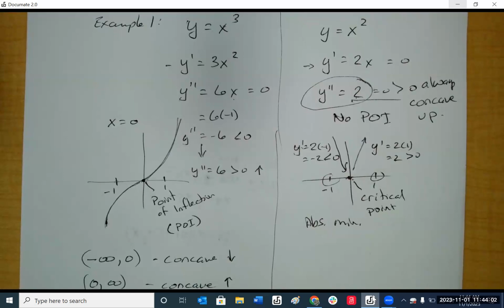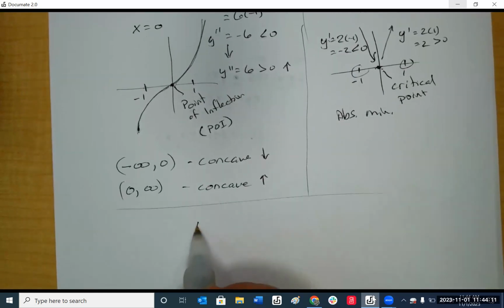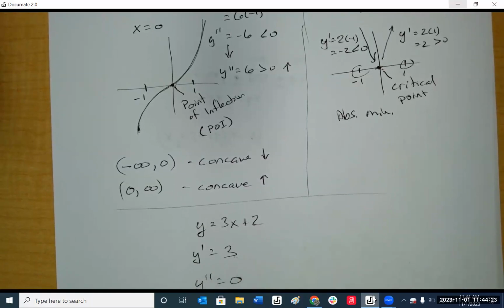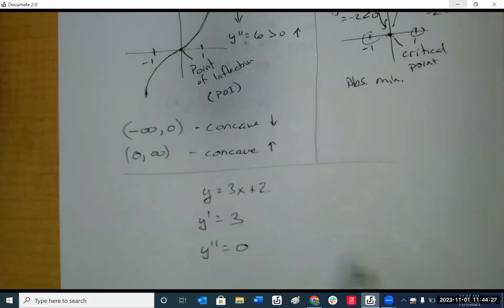Which is exactly why linear equations do not have concavity. The slope is constant, it's always 3, it's increasing, and the second derivative is 0. So there is no concavity because it's a straight line.